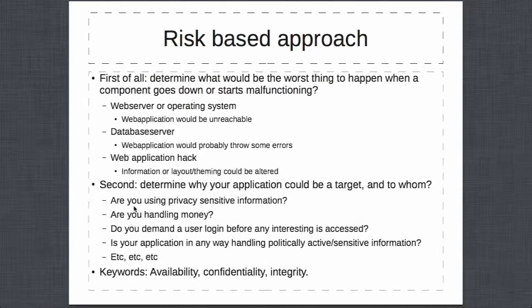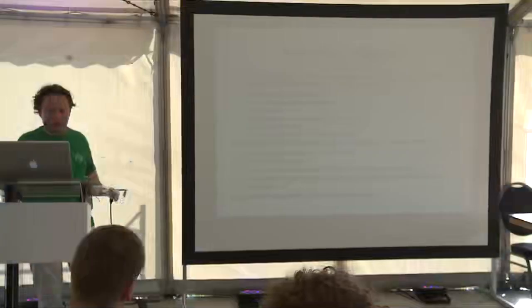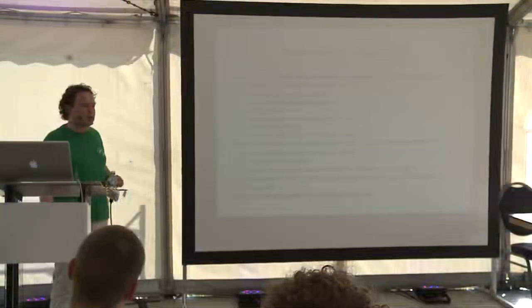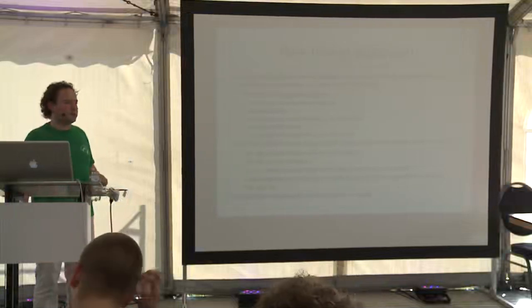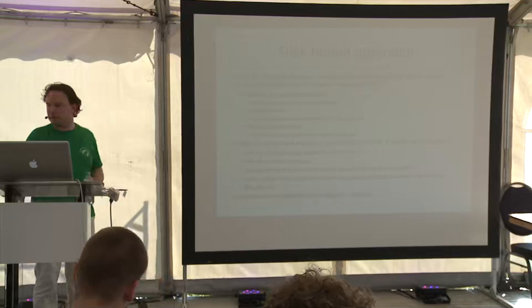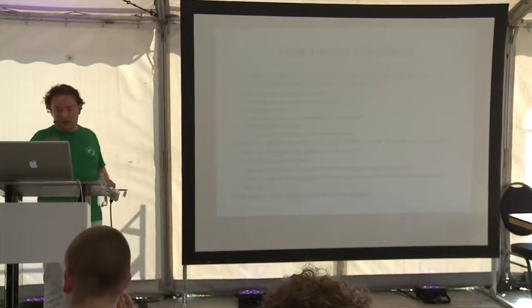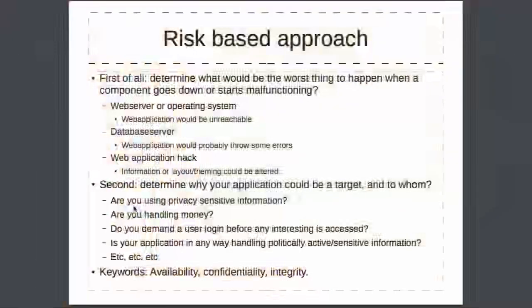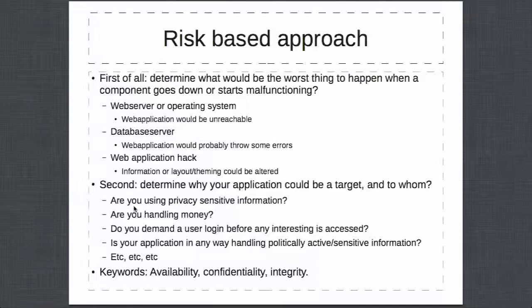The keywords here: availability, confidentiality, and integrity. Availability usually is the least big problem. If a site is unreachable for a couple of minutes, most companies will survive. Confidentiality, well, personal information, you don't want to have that out in the open. In the EU, we now have also actual laws which require data leaks to be published.